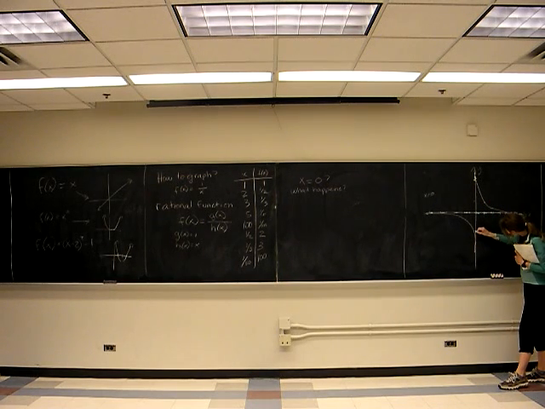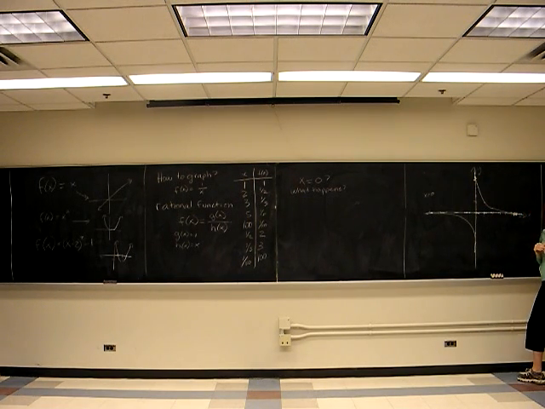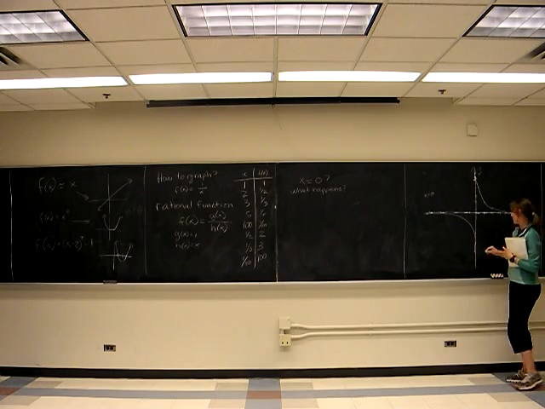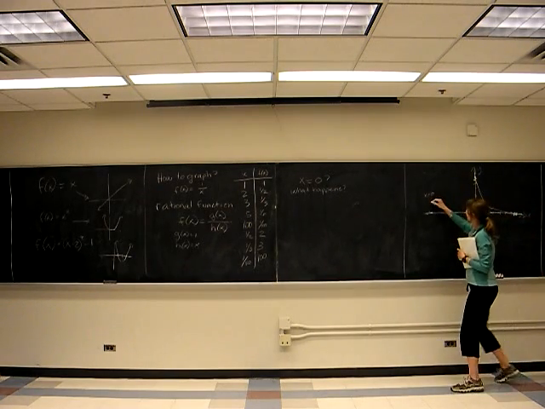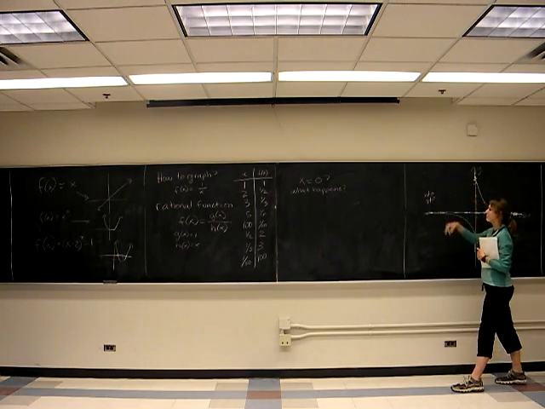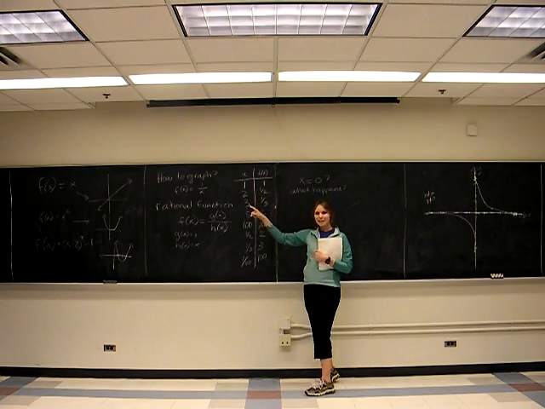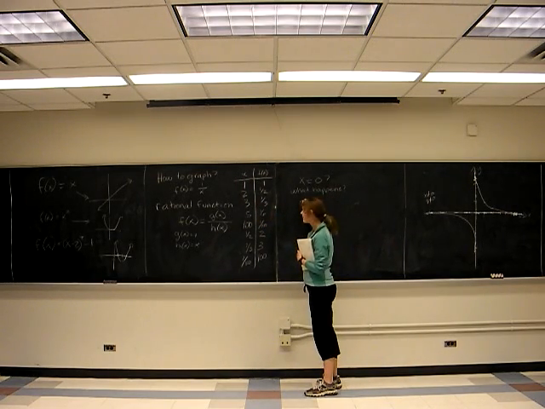We can also look at this graph and look at the behavior of y. What values can y be? Is y ever 0? No, y is never 0. So, x can't be 0, y can't be 0. And if we look at our equation, try to plug in 0 for x.